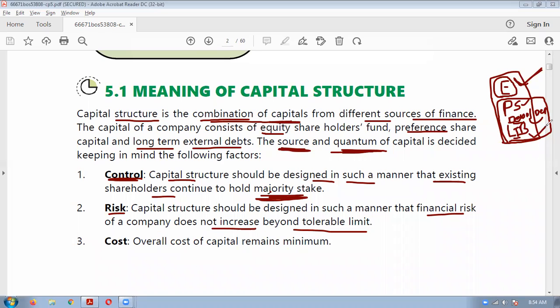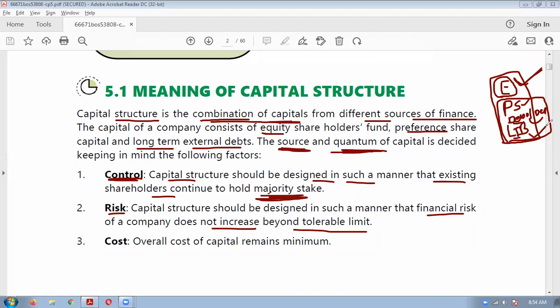If equity is more, we know that equity shareholders have a residuary interest in the company. Only if there is leftover profit can the company declare dividends. Or in case of winding up, only if there is a surplus after paying all the other persons will equity shareholders be given their share.